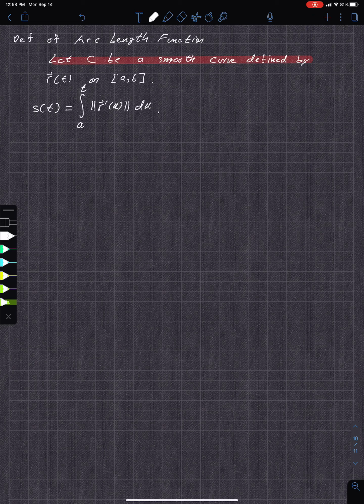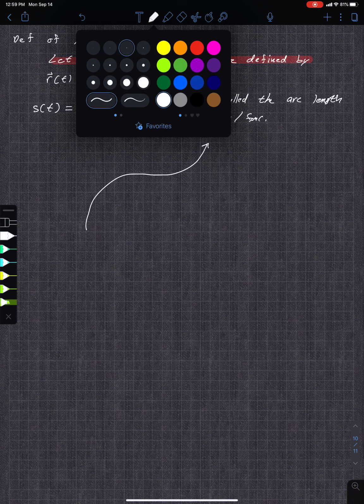So s is called the arc length function or arc length parameter. Graphically speaking, you have a curve in 3D that traces this thing out.